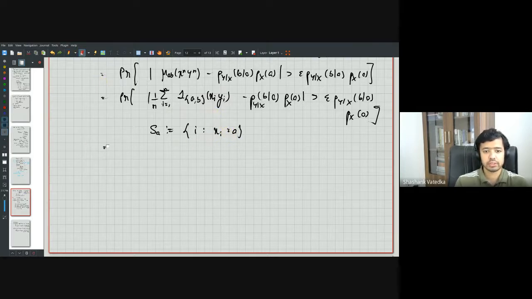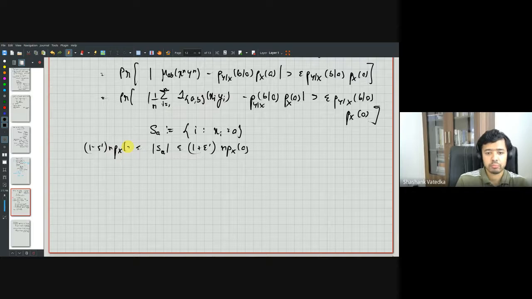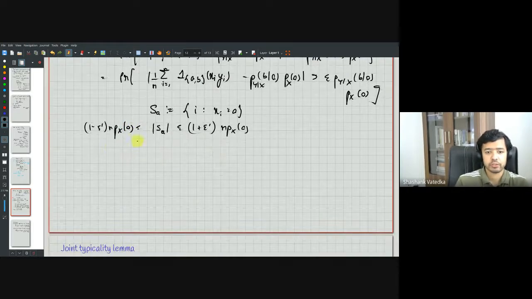We know that since x^n is typical, we are guaranteed that the size of S_A is going to be between (1 plus epsilon prime) n P_X(a) and (1 minus epsilon prime) n P_X(a).